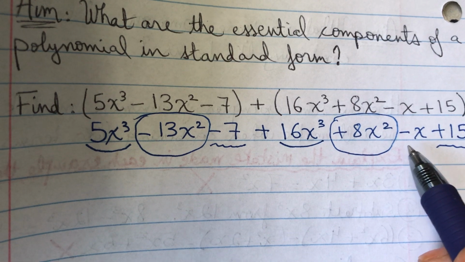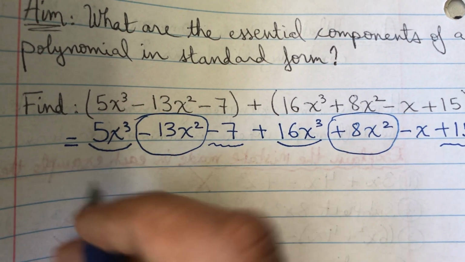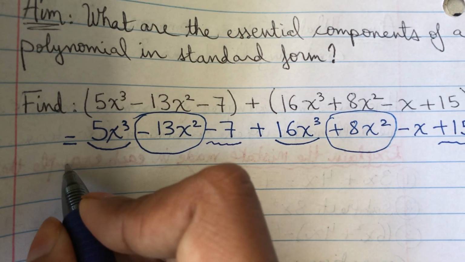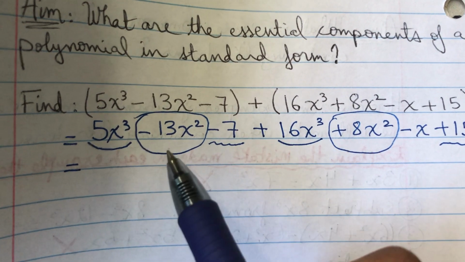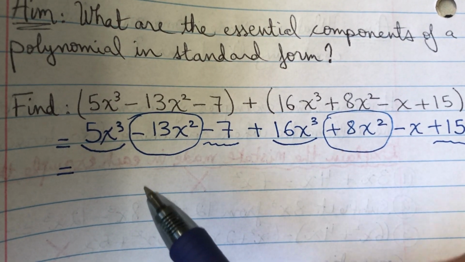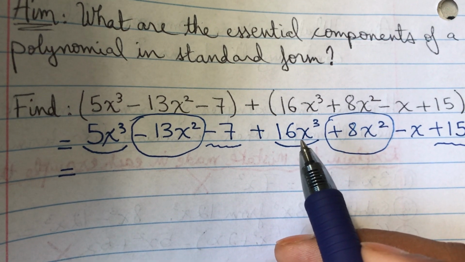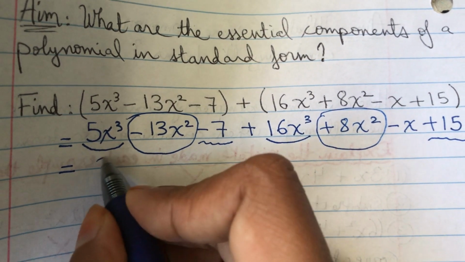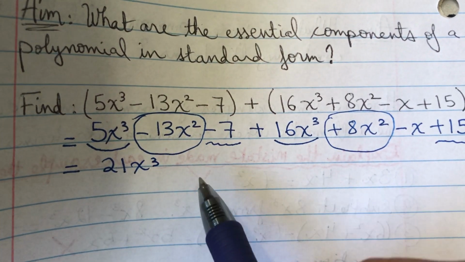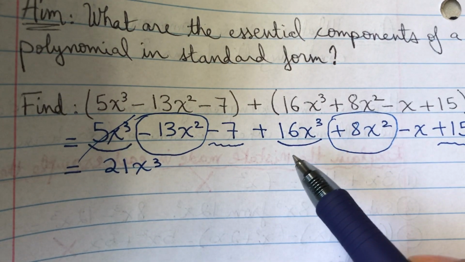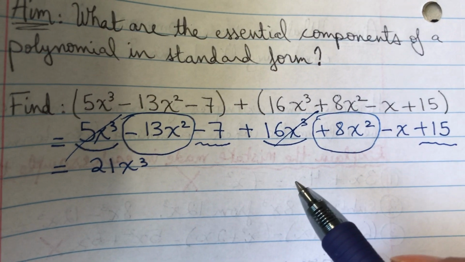So let's go ahead and combine the like terms. Just don't forget to put the equal sign here when you start, just to let people know that you are simplifying it. So 5x cubed and 16x cubed, you're adding them in, you end up with 21x cubed. You can cross out when you're done with it. It's just a matter of organizing your work.